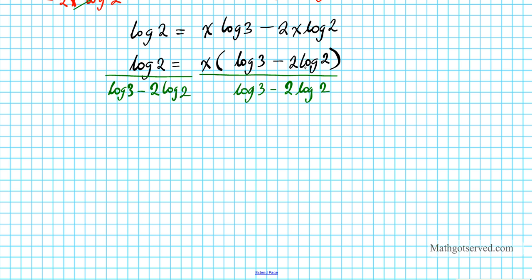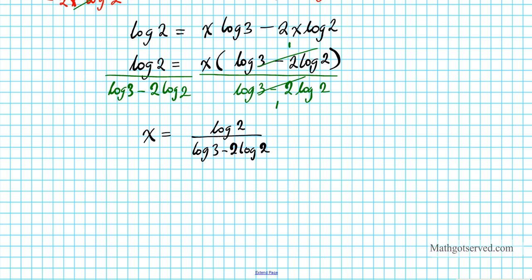So this divides out to 1, and you're left with x equals log 2 divided by log 3 minus 2 log 2.